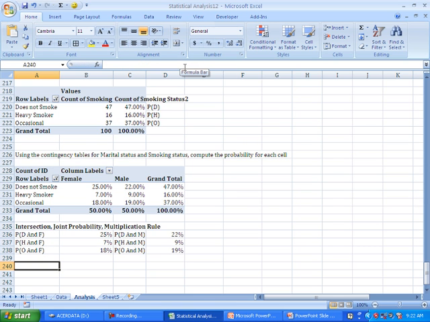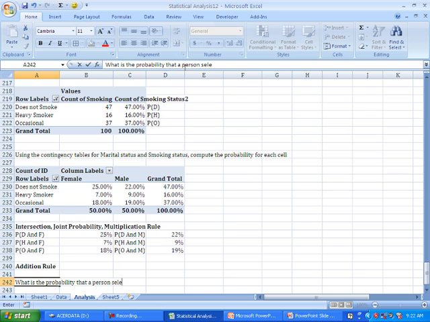Now, if I want a scenario where we talk about the addition rule, where it is like an OR kind of relationship. Find what is the probability that a person selected at random is a male or a heavy smoker.